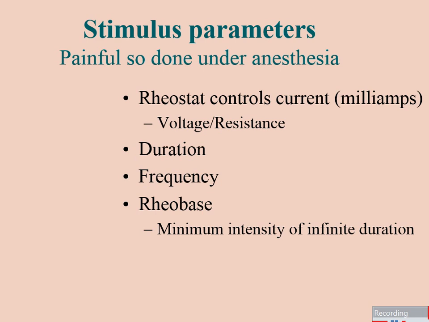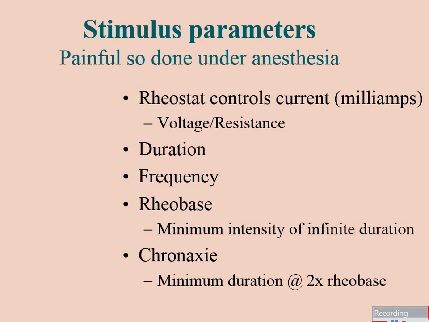And you basically just put a constant voltage in there and gradually turn up the intensity of that voltage, so that it's infinite duration, but what's the intensity of the voltage that actually produces then a firing of the nerve. The other measure that can be done is chronaxie, where you take 2 times the minimum intensity that it took to fire that nerve, and what's the minimum duration of the stimulus that gets the nerve to fire.